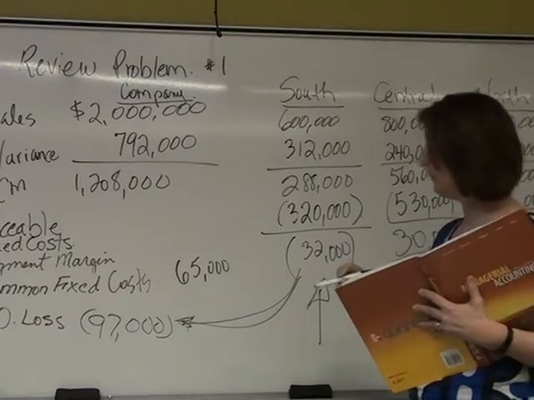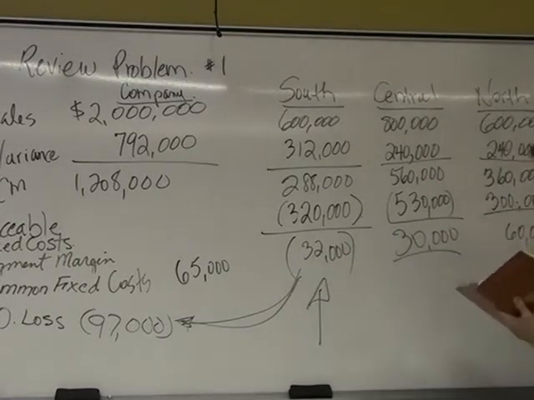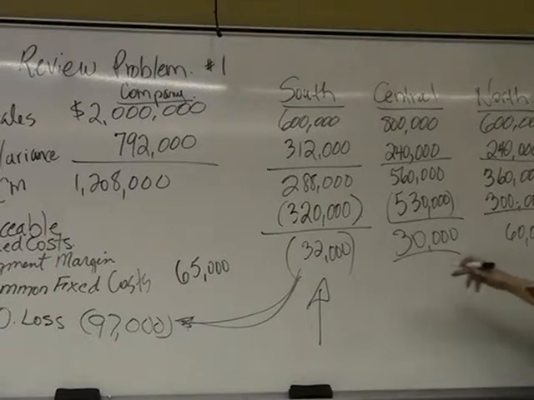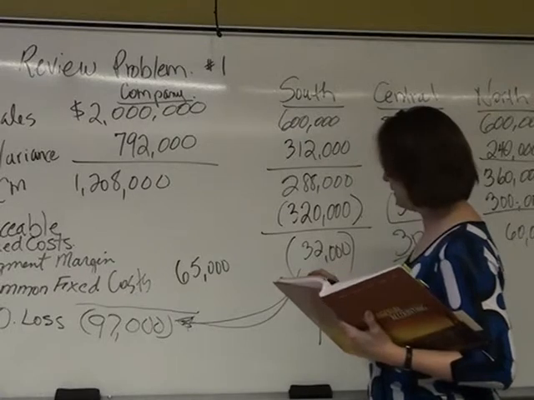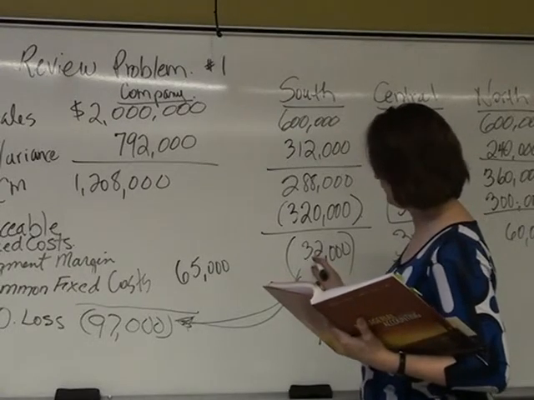My total fixed costs in the first one were 1,305. And we had 320, 530, and 300, right? So this adds up to 1,150, is that right? Because in reality, the common costs, if we're operating at a loss, the only thing left is the difference between here and here.